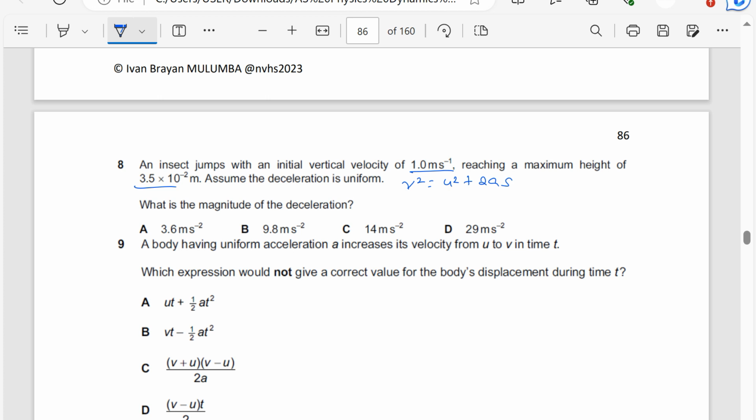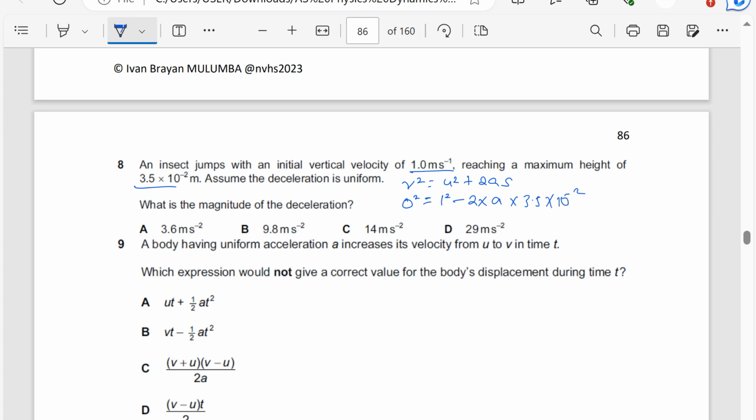If it is undergoing a deceleration, then the final velocity is going to be 0. So 0 squared equals initial velocity 1 squared minus, because it is a deceleration, the acceleration is negative, 2 times the deceleration, which I don't know, times the displacement, which is 3.5 times 10 power minus 2.